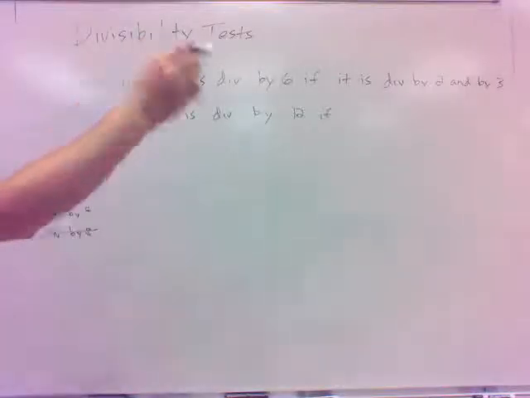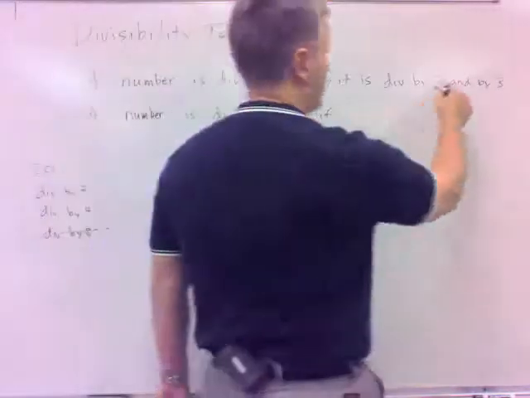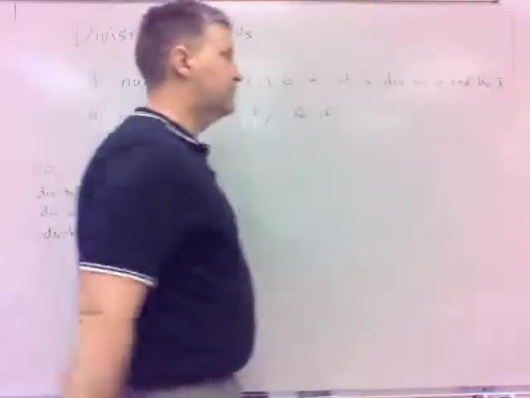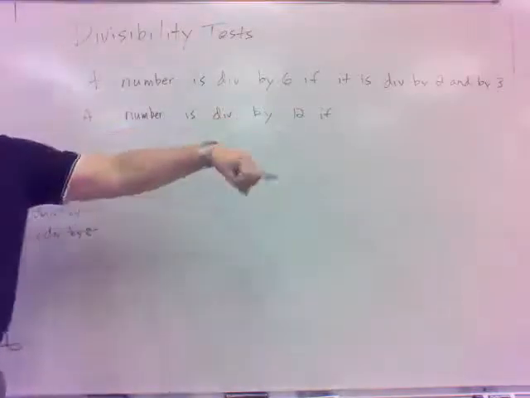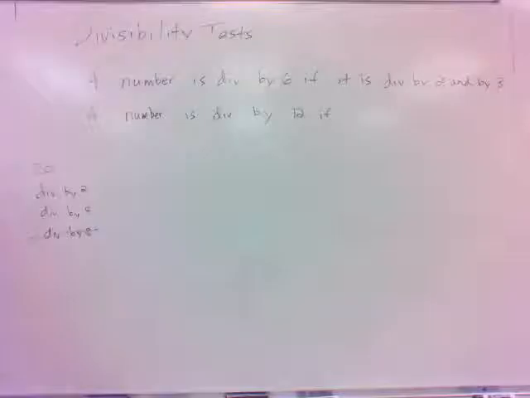The reason 2 and 3 work has to do with common factors. 2 and 3 don't have a common factor other than 1. 2 and 4 have a common factor of 2. So you can combine the tests so long as they don't have a common factor other than 1. Having said that, moving on to 12 here, what would be the 2 tests I could combine to make 12? Could I do 2 and 6?